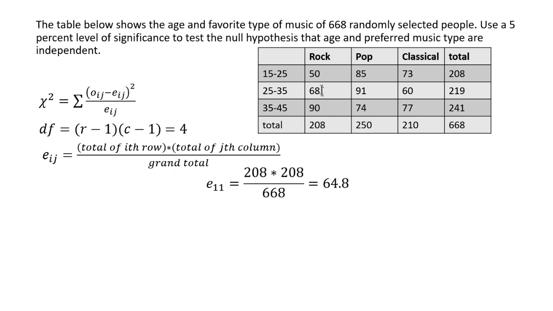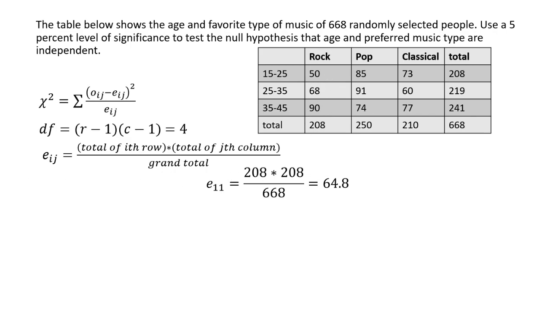That would be the percentage that this cell would be occupying, right? And finally, to convert that to the actual number, you multiply by 668, and that's how you end up with this, because one of the 668s will cancel away. And you would expect 64.8 to fill this spot if these two variables were totally independent of each other.